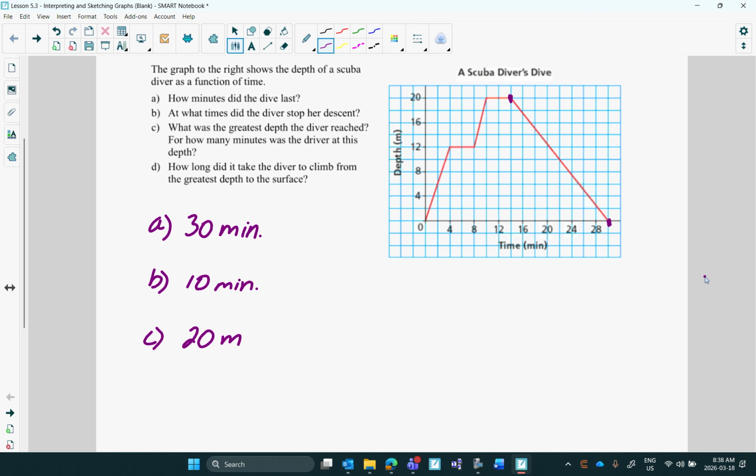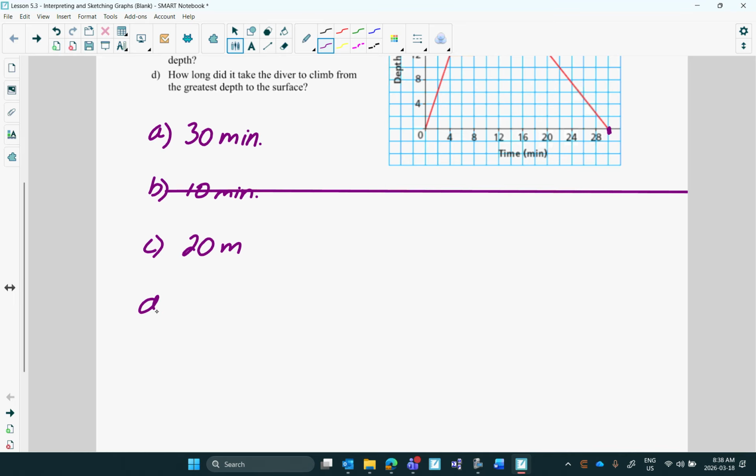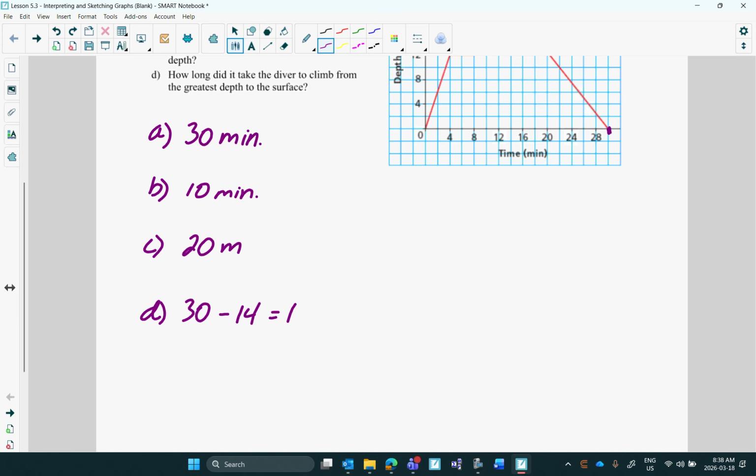So from 14 to 30 is how many minutes? 16 minutes. So it'd be 30 minus 14, which is 16 minutes. Okay, so just reading the graph.